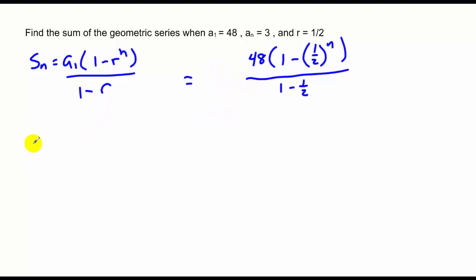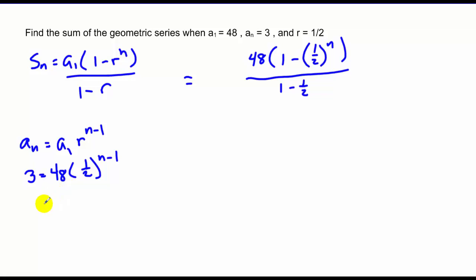I'll go back to my sequence equation, which says the nth term is equal to a sub 1 multiplied by r to the n minus 1 and see if I can find it from here. I know my last term is 3, my first term is 48, and my ratio is a half to the n minus 1. Well, now I have everything but the number of terms, which is exactly what I need.